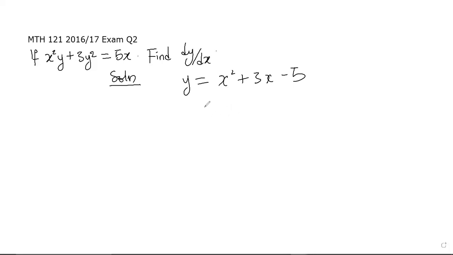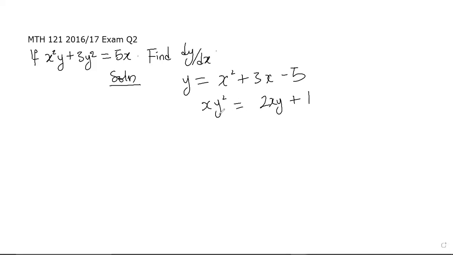Okay, let me give an example of an implicit expression. Imagine something like xy squared equals 2xy plus 1.